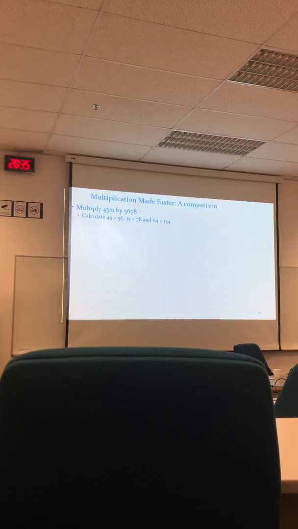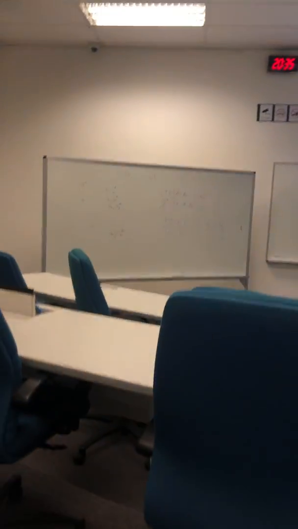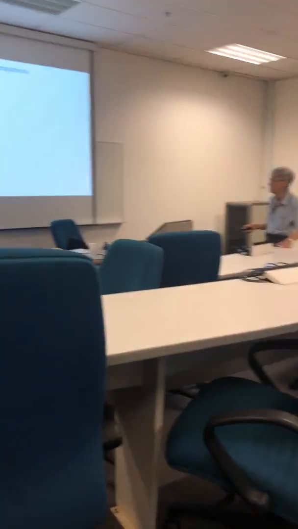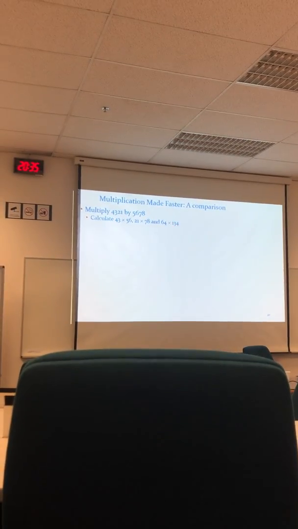So every time, instead of calculating directly, we calculate A times C, B times D, and A plus B times C plus D. A plus B is 43 plus 21, which gives 64. And C plus D gives 134.